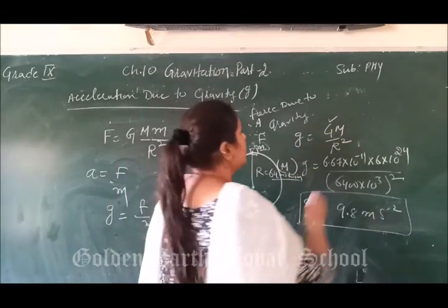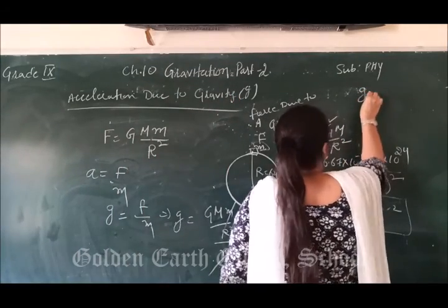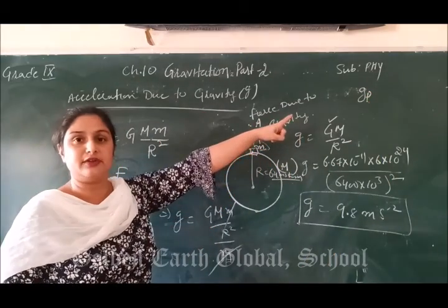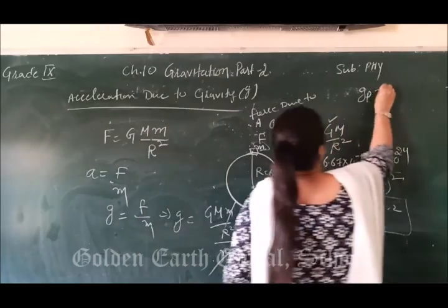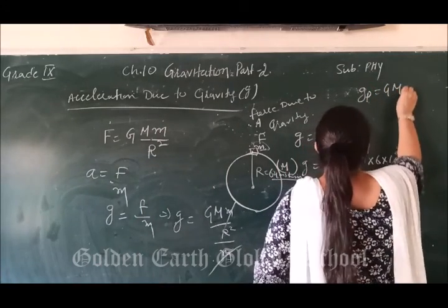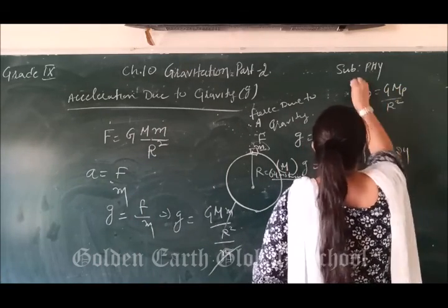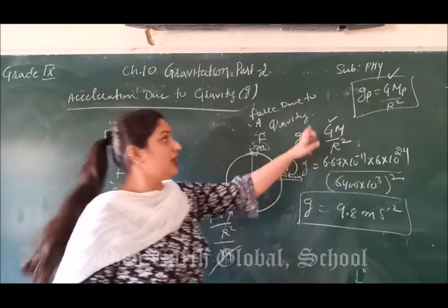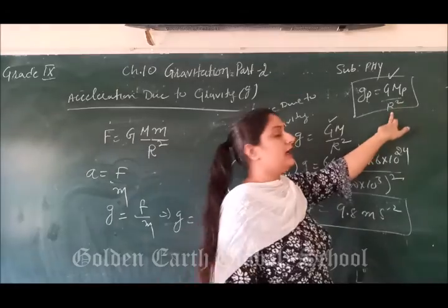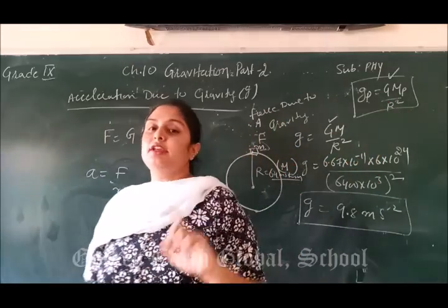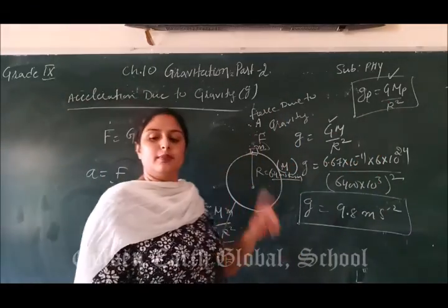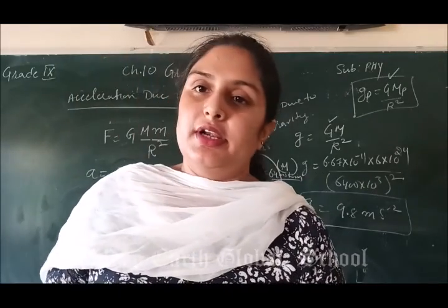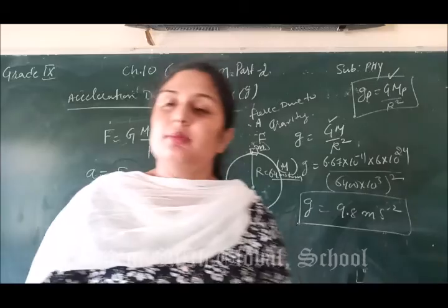Generally, to calculate the acceleration on any planet, it is written as g p, which will be equal to capital G M p upon capital R square. Here G is the universal constant, M p represents the mass of the planet, and capital R represents the radius of the corresponding planet. In this way, you can calculate the acceleration at any planet.